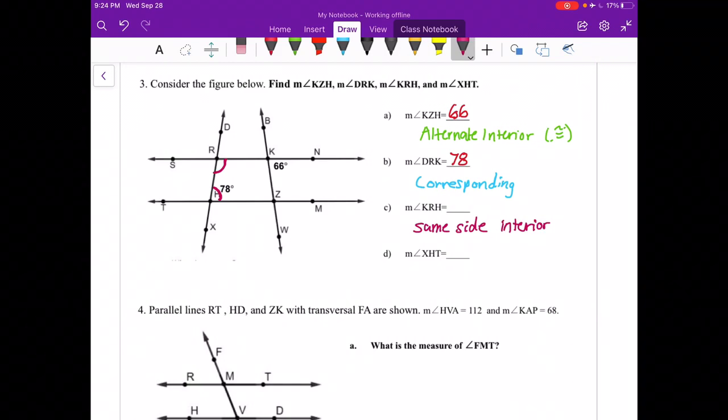And same side interior angles are supplementary. That means that these two angles have to add up to 180. So we're going to take 180 and we're going to subtract 78 to find our answer. And we should get 102. Therefore, the measure of KRH is 102 degrees.